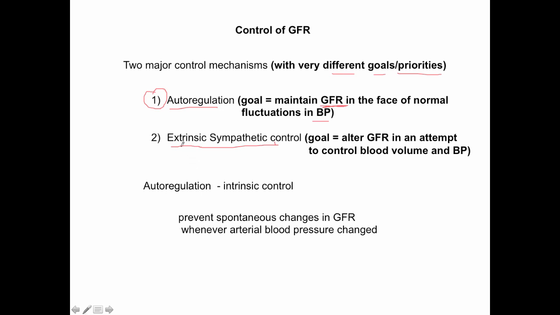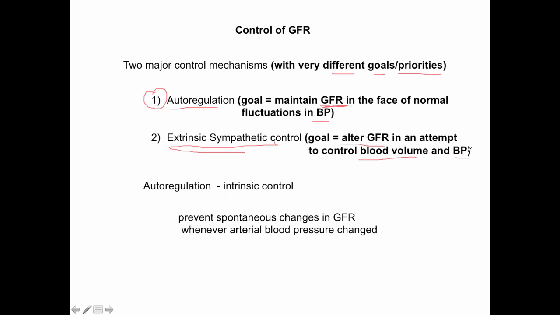On the other hand, the extrinsic sympathetic control of GFR has a completely different goal. The goal is not to maintain GFR. The goal is to change GFR, to increase it or decrease it in an attempt to control blood volume and blood pressure.